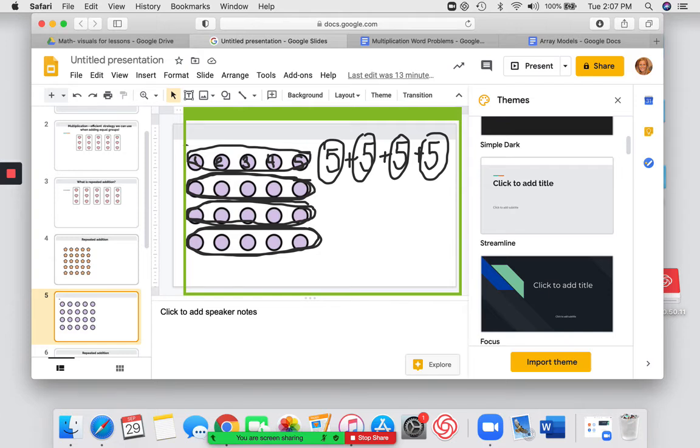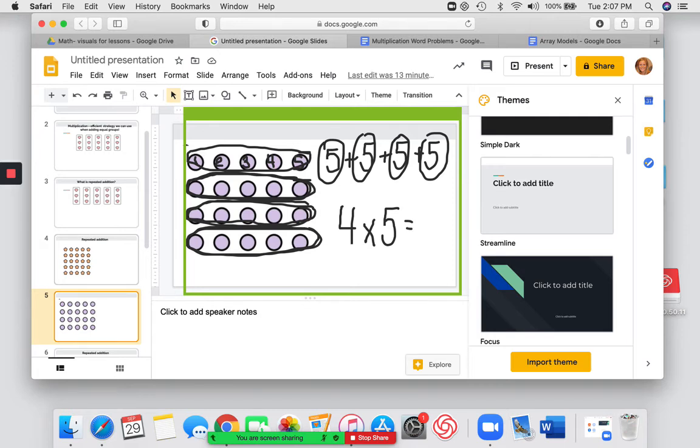I know I can write that as multiplication, and it will still get the same total. 4 groups of 5 means 4 times 5.